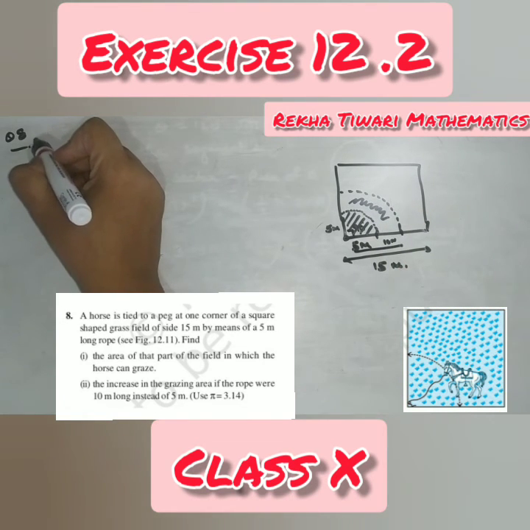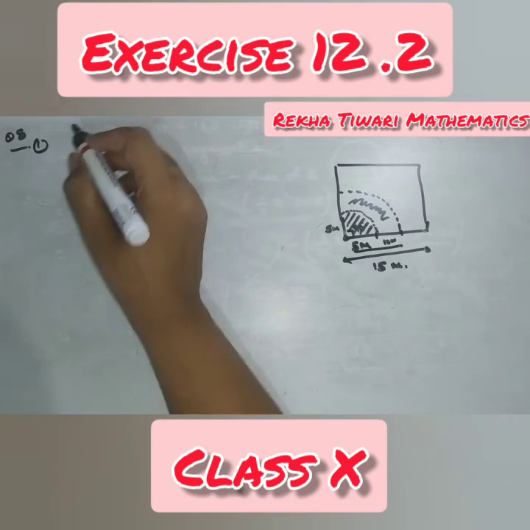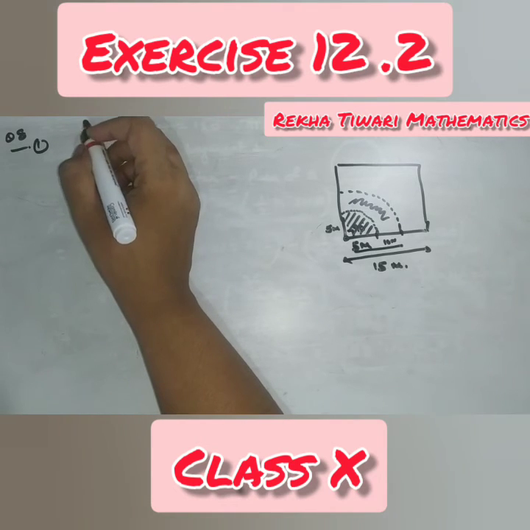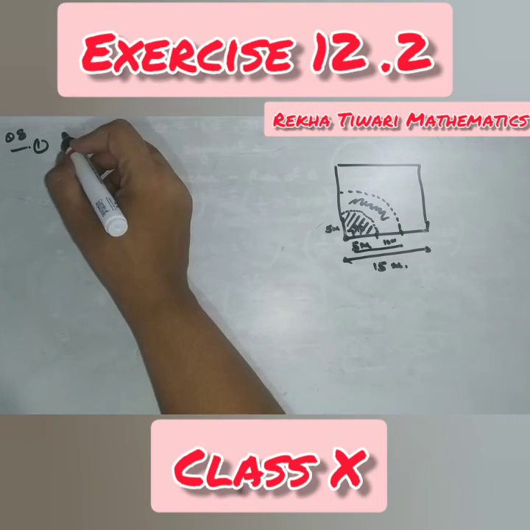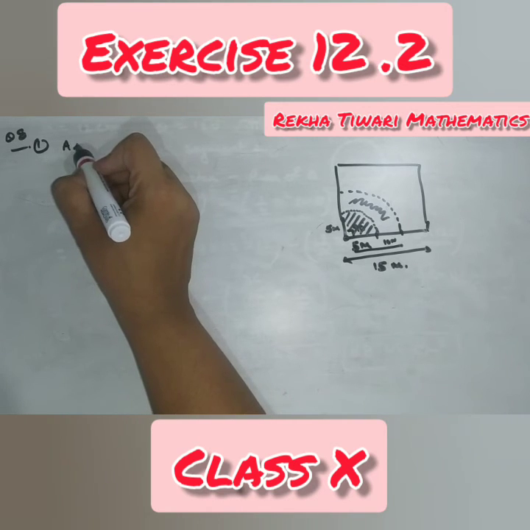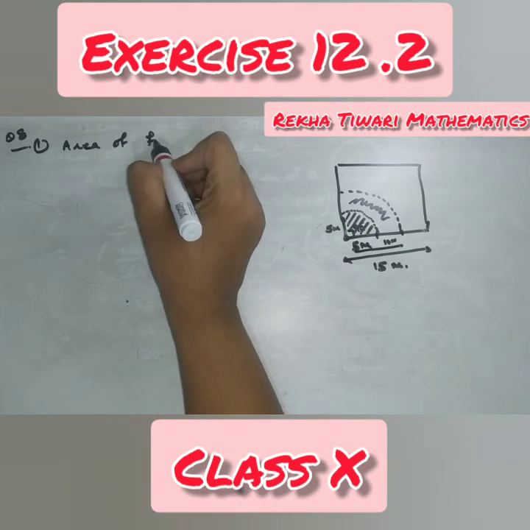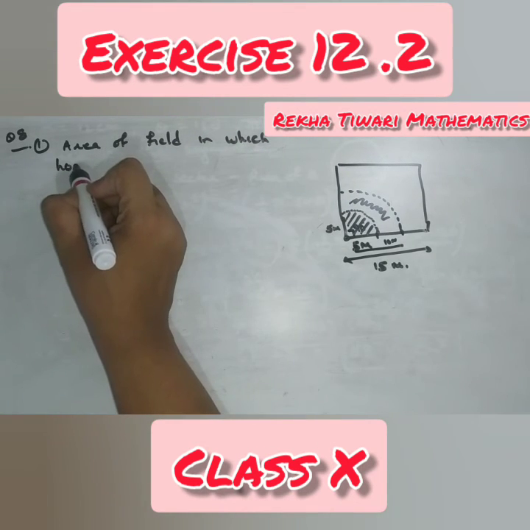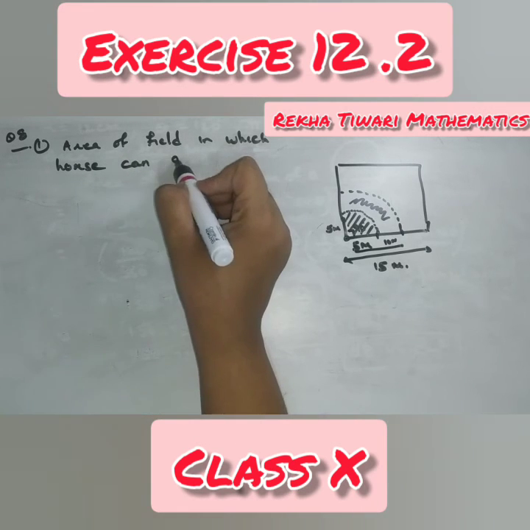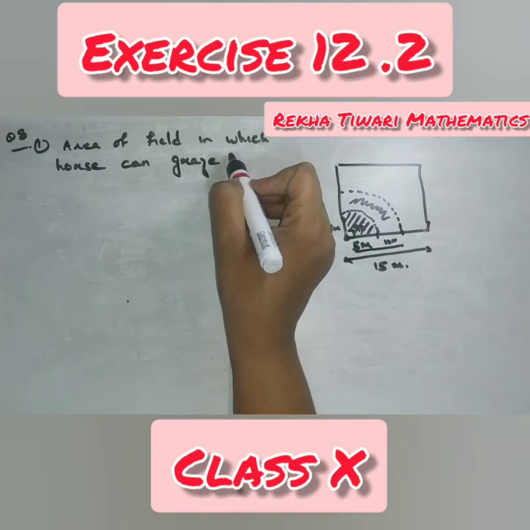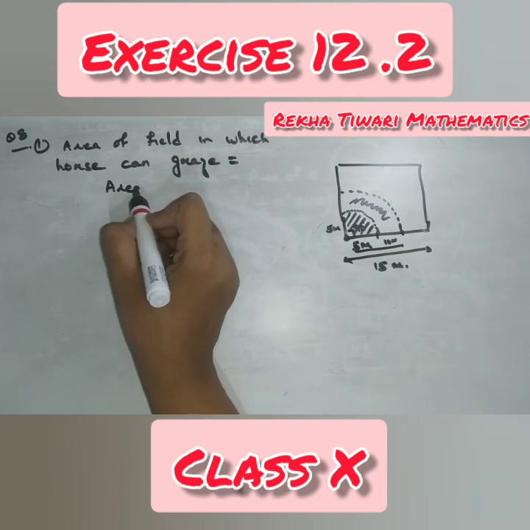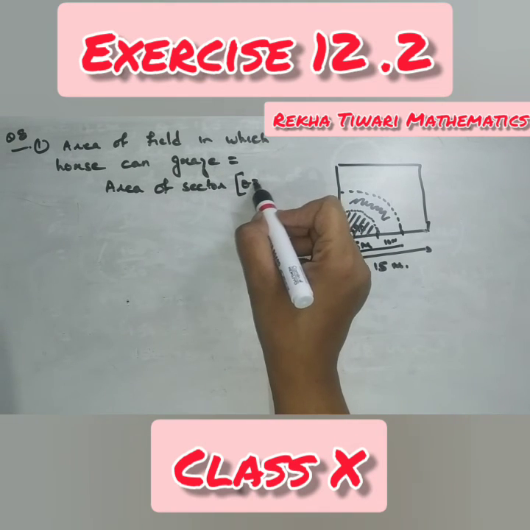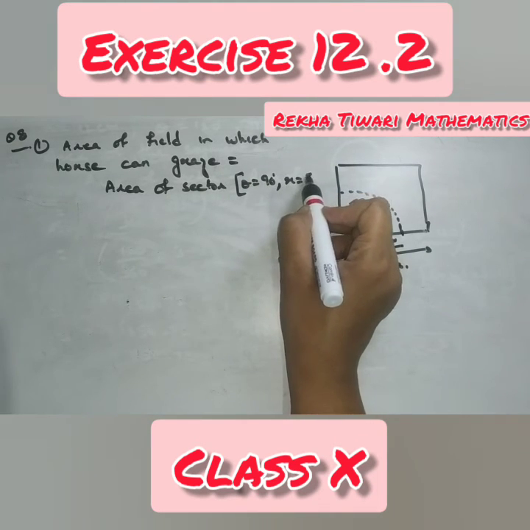So let us do the first part first. For this sector, the first part is what you have to find out: area of that part of the field in which the horse can graze. So area of field in which horse can graze is equal to area of sector with theta 90 and radius 5 meter.